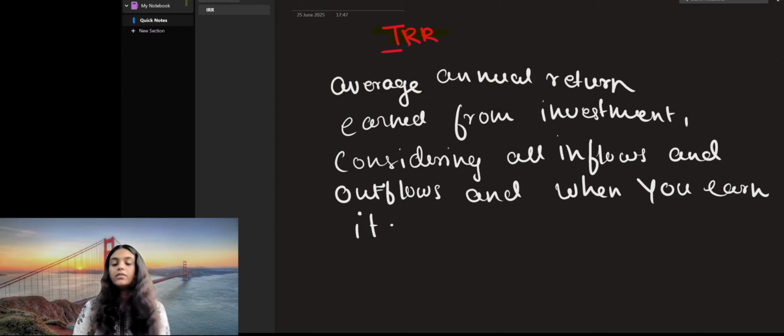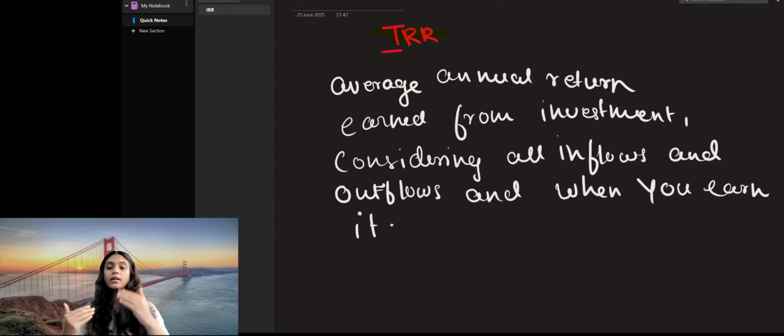What does IRR mean? It stands for internal rate of return, and it is basically the average annual return which is earned from your investment. Now it considers all of the outflows and the inflows. For example, when you invest your capital, suppose 1 lakh rupees, and then you start getting returns over it for a certain number of periods.